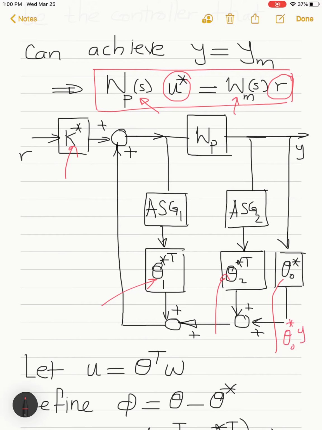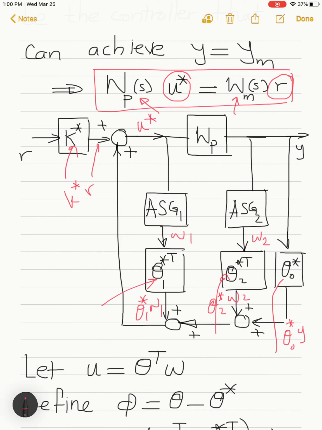Here, this is W2, so this would be theta 2 star times W2. Here, this would be theta 1 star times W1. And they are all summed together, plus this signal, which is k naught r. So the result would be u star here.